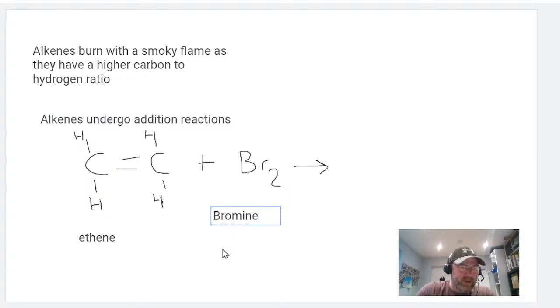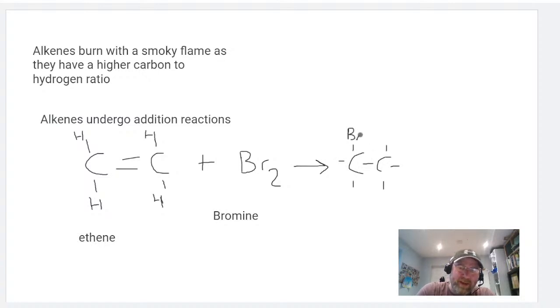What does this make, guys? Yeah, doing a little bit of triple here. So this is the test for alkenes, and it makes dibromoethane. What happens is, because the double bond disappears, a bromine molecule joins.